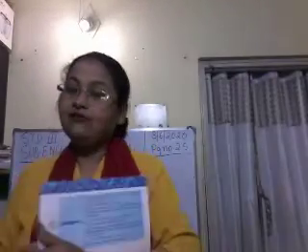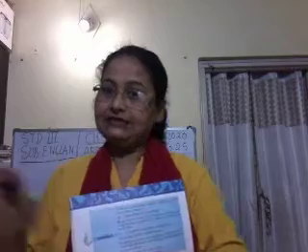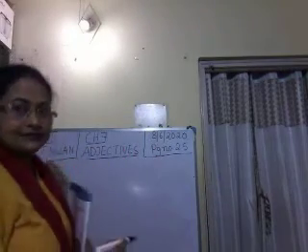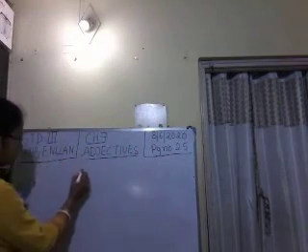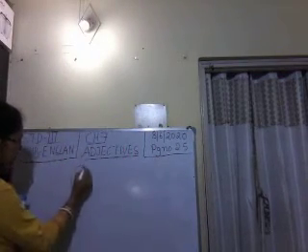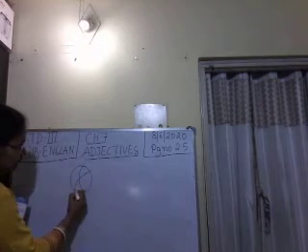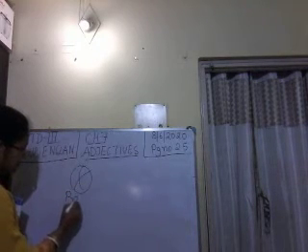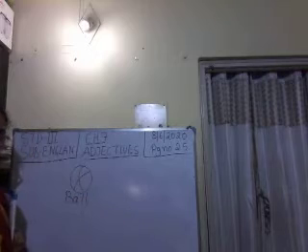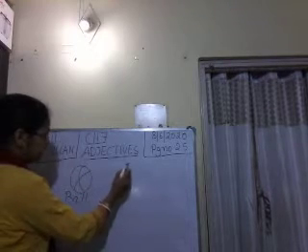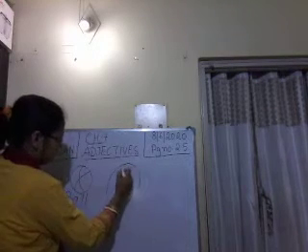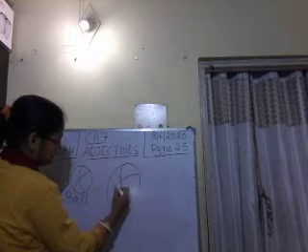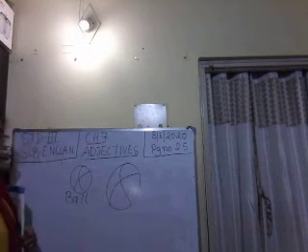Okay, now what we will do in this class is, I'll show you one thing. See, look at the picture. What is this? Suppose this is a ball. This is also a ball.